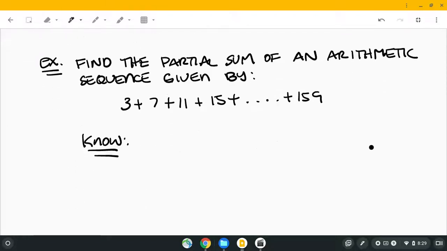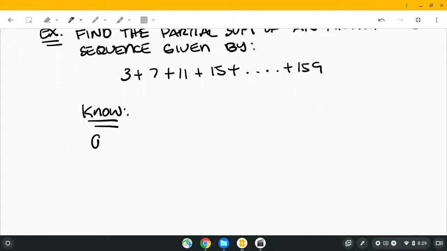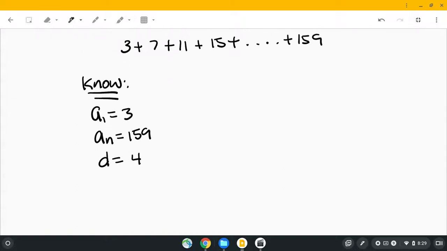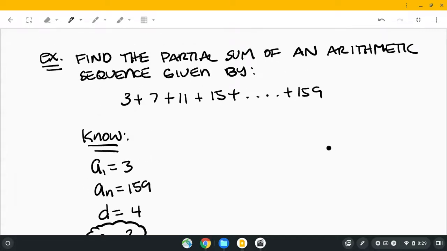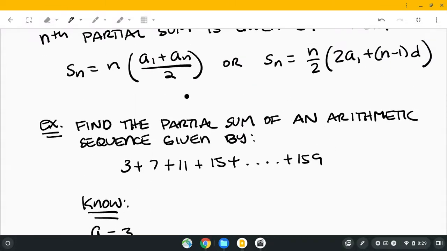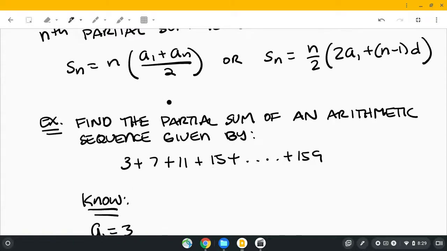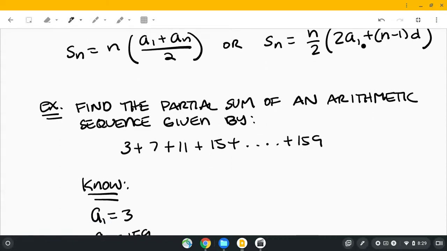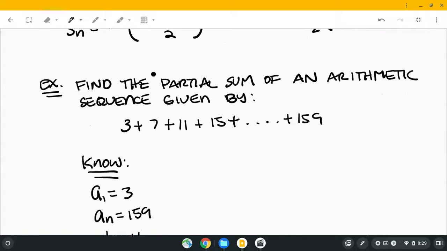All right, so let's see. What do we know? We know a1 is 3. We know an is 159. And we know that d is 4. But I don't know n. This is the missing piece. This is the thing we need to find. So if we take a look here, we need the n, whether I use this one or this one.